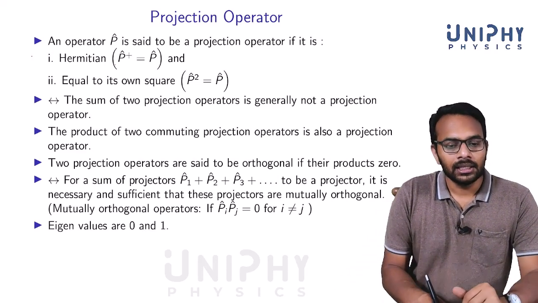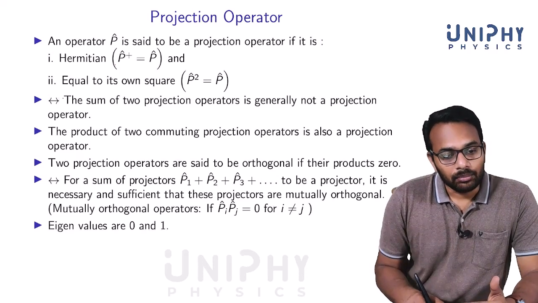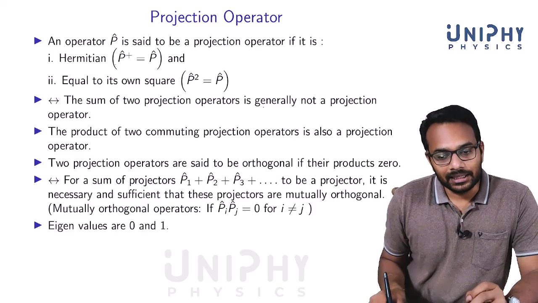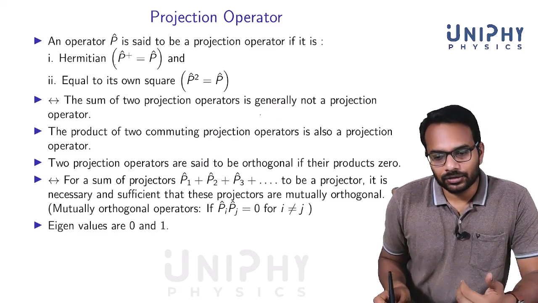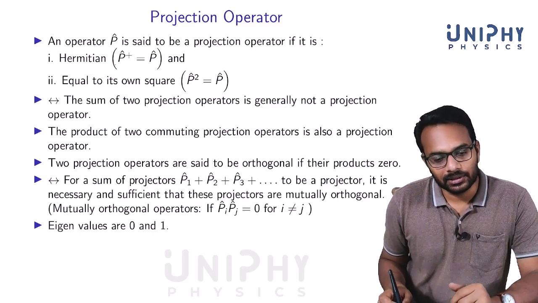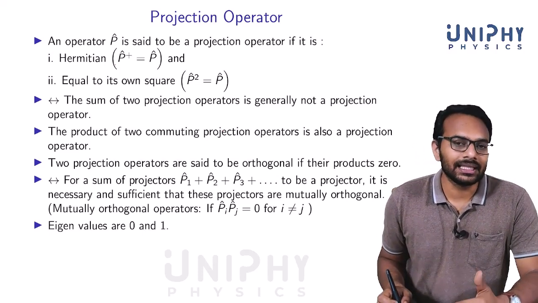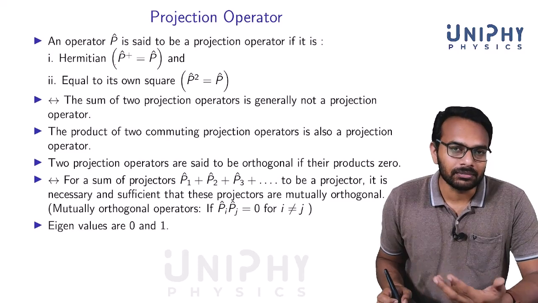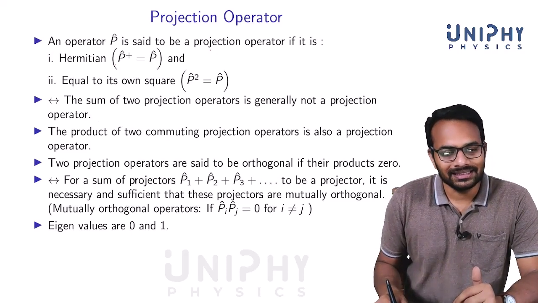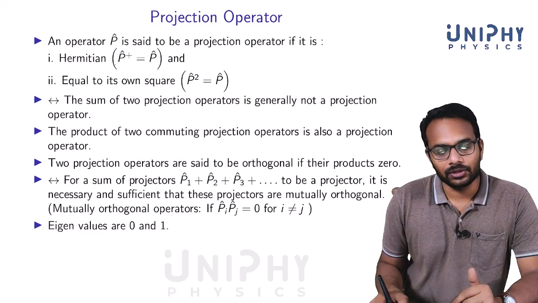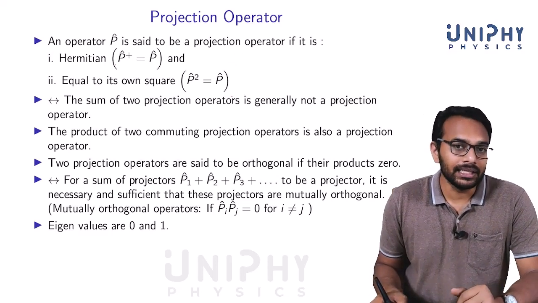Now, it can easily be shown that the sum of two projection operators is generally not a projection operator. These kinds of information are necessary because there are questions in competitive examinations where they ask which among the following are true or which among the following are false, etc. So it's a good thing to remember this. It's easy to check that if two operators are projection operators, the sum need not be a projection operator.